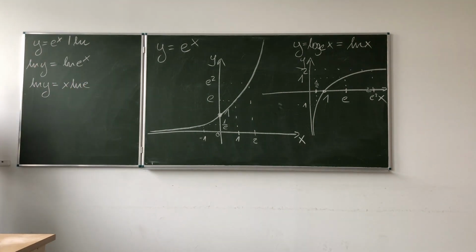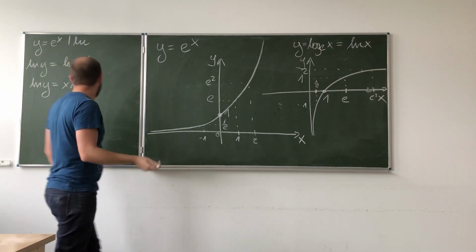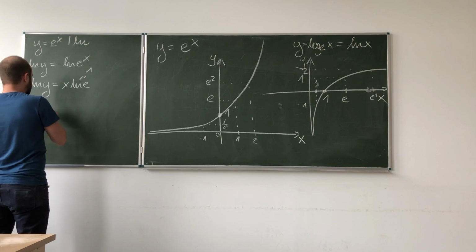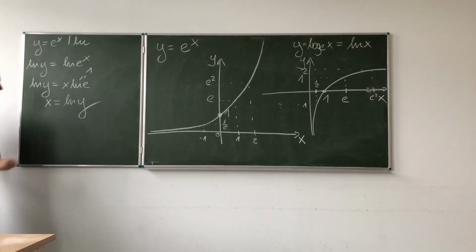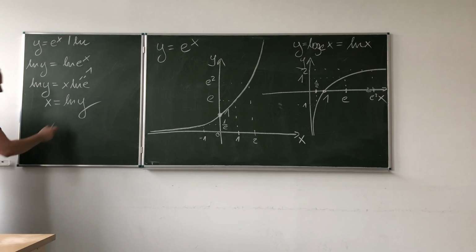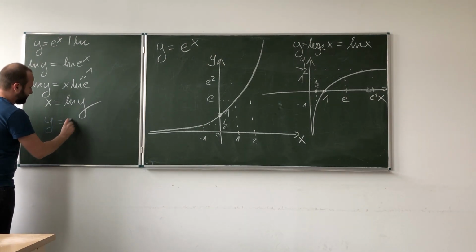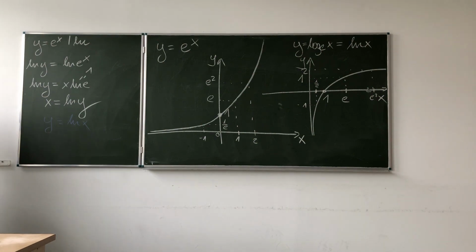And how much is ln e? So to which power I need to take e in order to get e? Well, 1. So this is 1. And what we obtain is x equals ln y. And if I would switch the names of the variables, I would get logarithmic function.